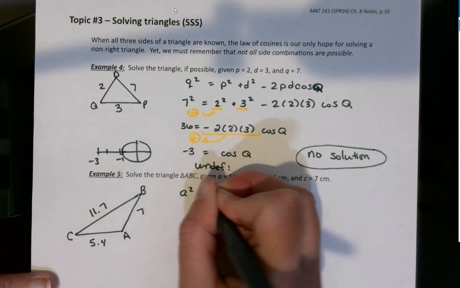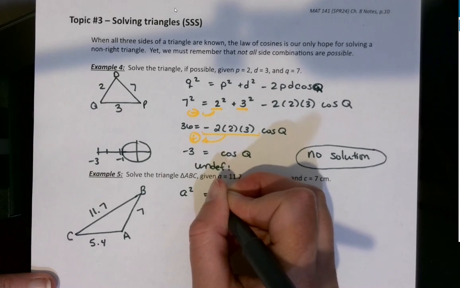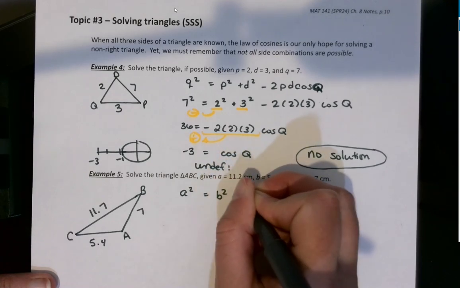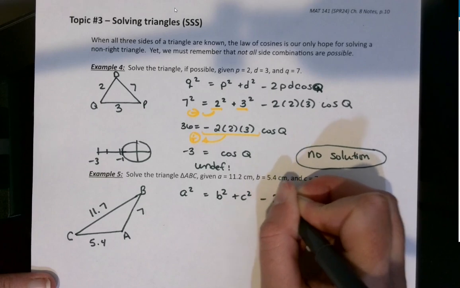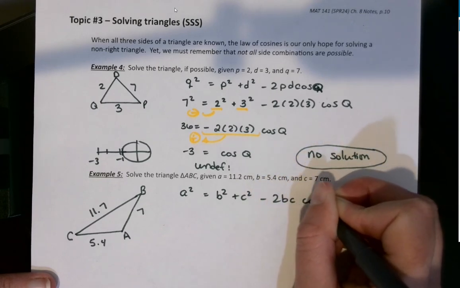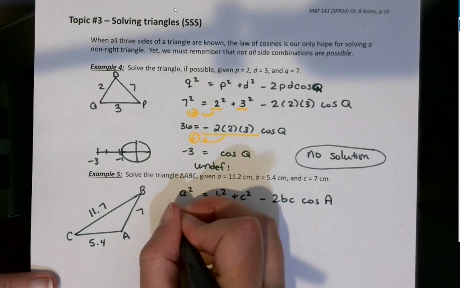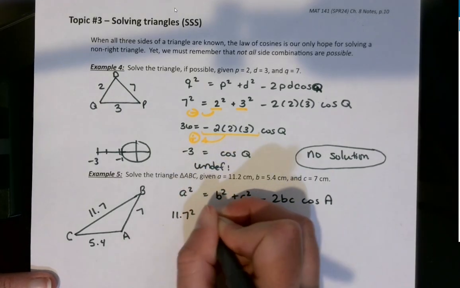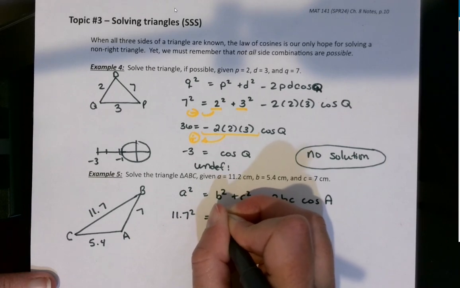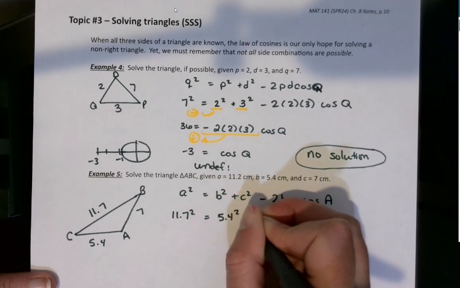A squared equals B squared plus C squared minus 2BC cosine of A. A squared, so that's 11.7 squared. B, that's our 5.4 squared.